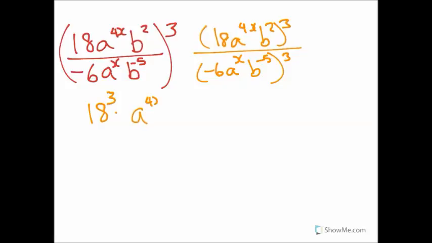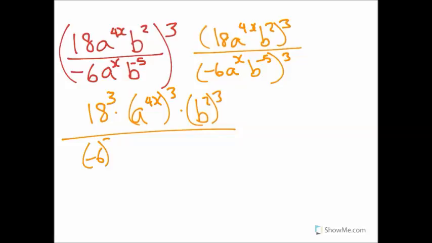So a to the 4x to the power of 3 times b squared to the power of 3 over negative 6 to the power of 3 times a to the x to the power of 3 times b to the negative fifth to the power of 3.